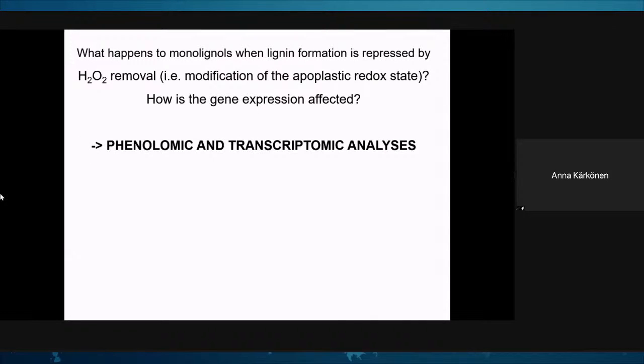I will talk about what happens to monolignols when lignin formation is repressed by hydrogen peroxide removal. That is, we modify the apoplastic redox state by scavenging the oxidant away from the medium, or at least reducing its amount. And we studied how gene expression was affected.